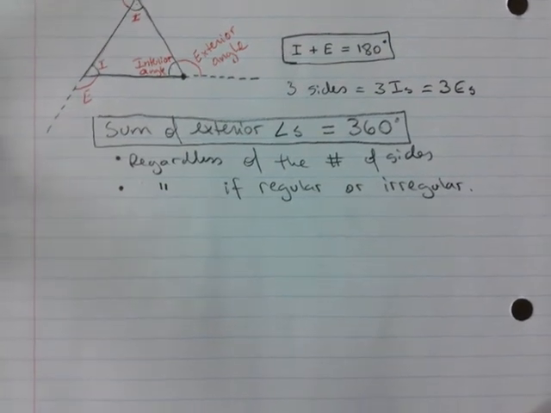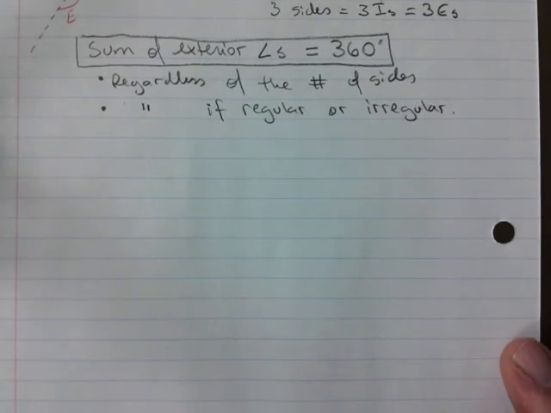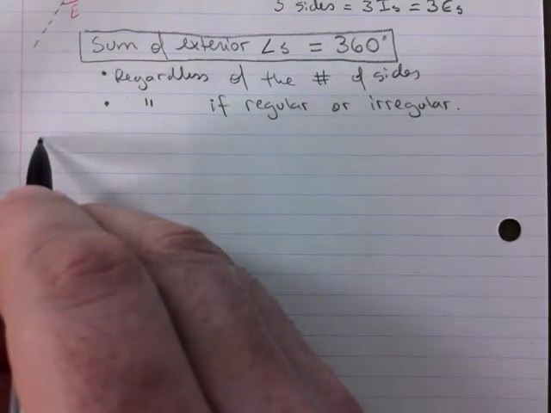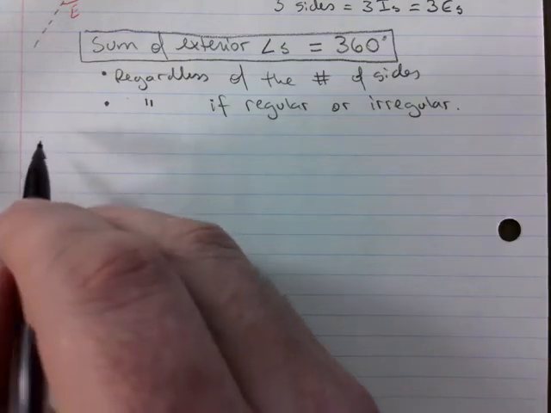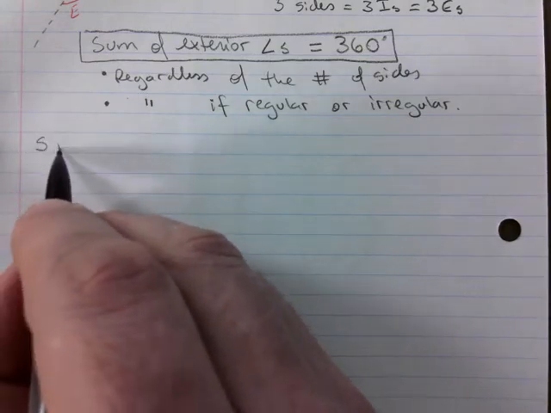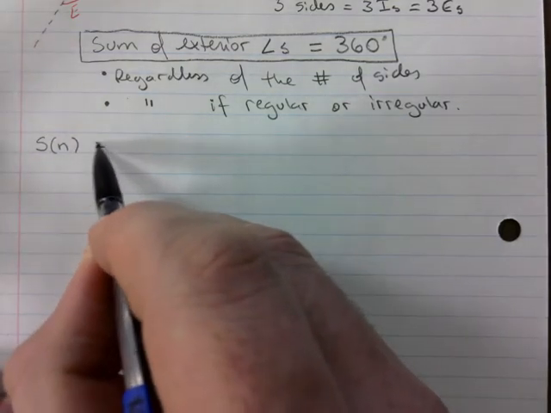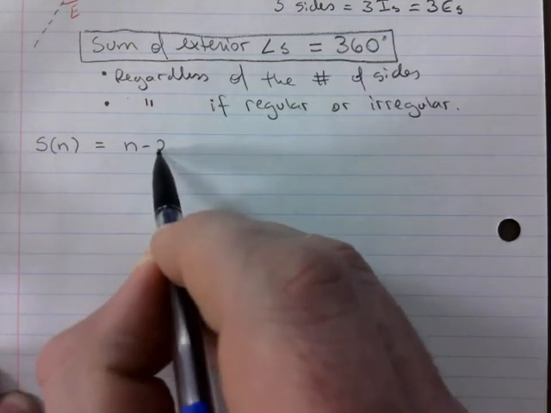Let's do some formulas here. So write down the formulas and make sure you write them down correctly. I write them as a function, and I'll tell you what they mean in a bit.